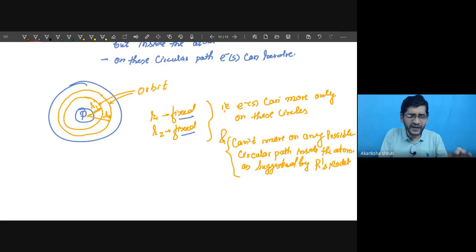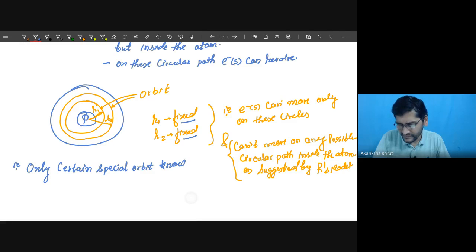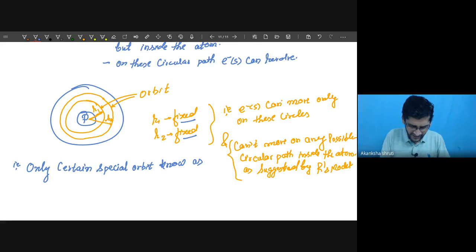Therefore, these orbits are also called discrete orbits. Only certain fixed or spatial orbits. Students, this orbit means our circular orbit, known as discrete, meaning it is a fixed one, not a continuous one.